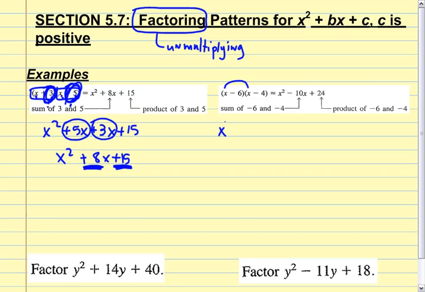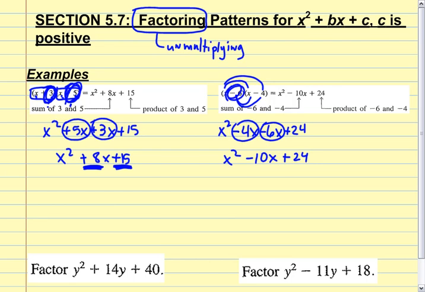x squared minus 4x minus 6x plus 24. When I combine these two, I get x squared minus 10x plus 24. There's nothing in front of the x squared, and when that happens, this plus this equals the middle term.